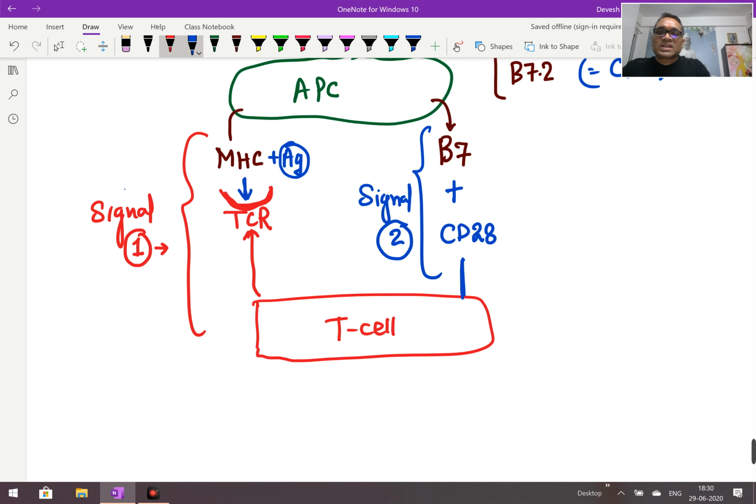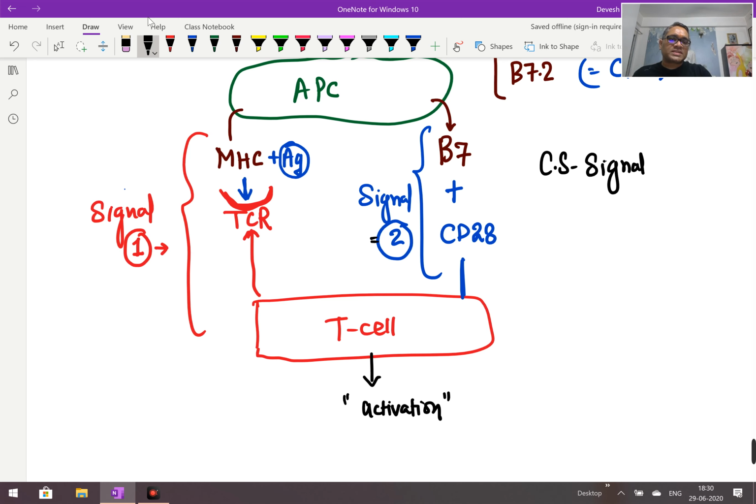When both signals are completed, only then will T cell activation occur. Signal 2 is also called the co-stimulatory signal.